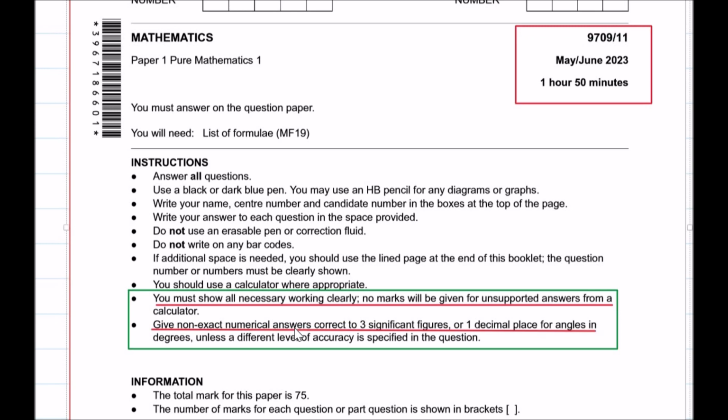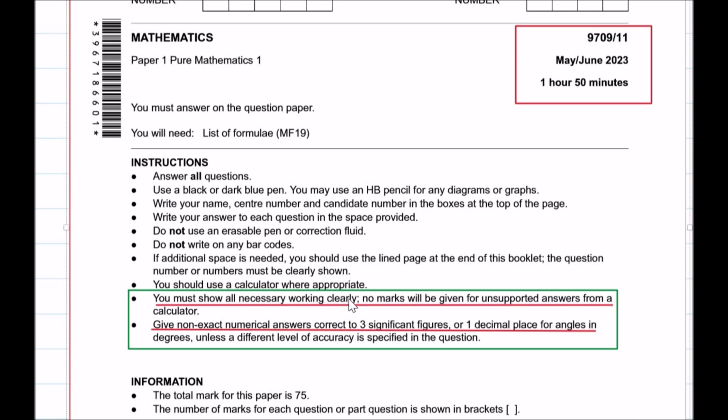What does it mean? Suppose while solving a question, you got a quadratic and just by using a calculator you got the solutions for that quadratic and you are writing direct solutions, then no marks will be awarded.